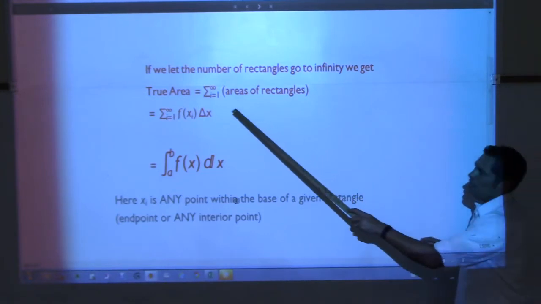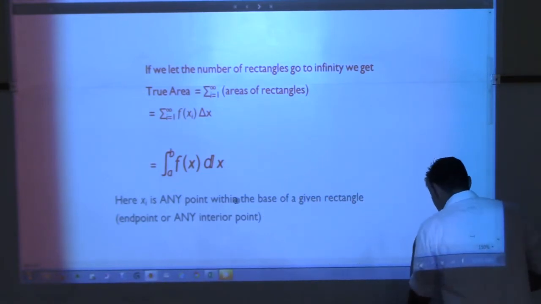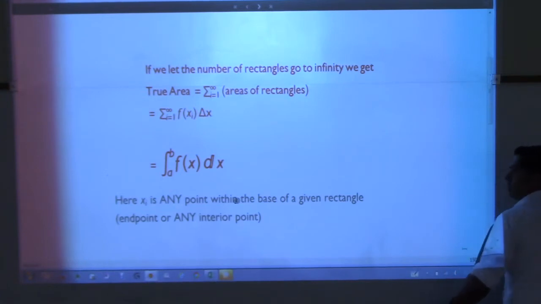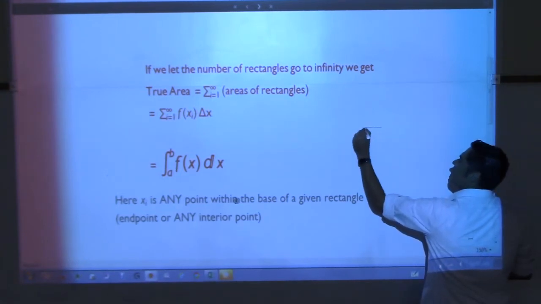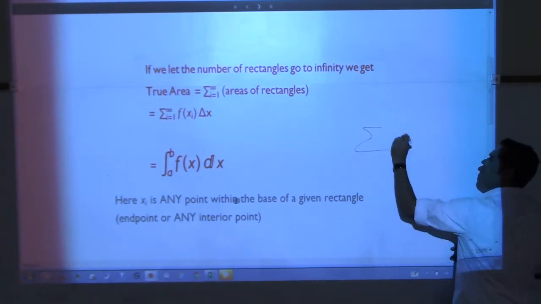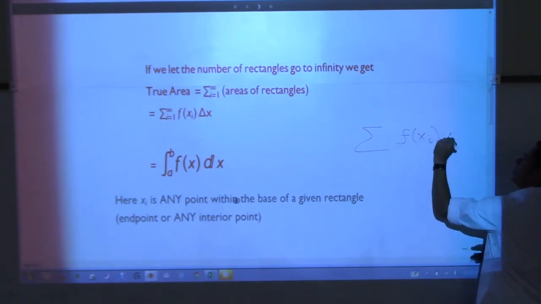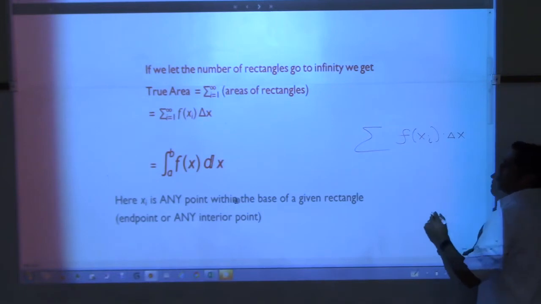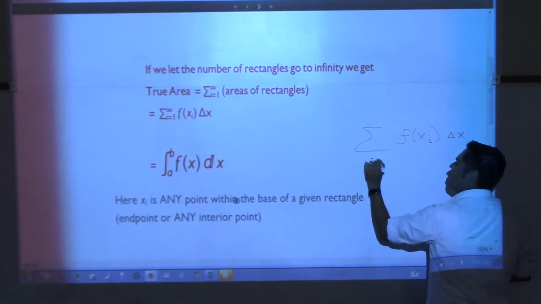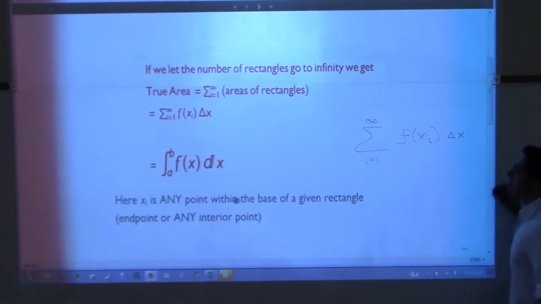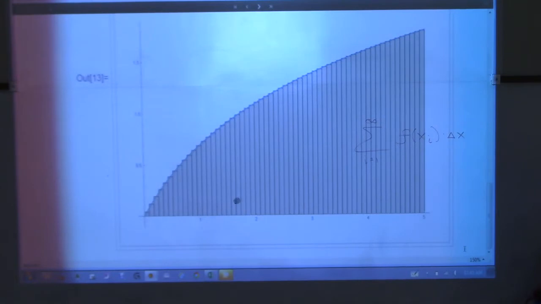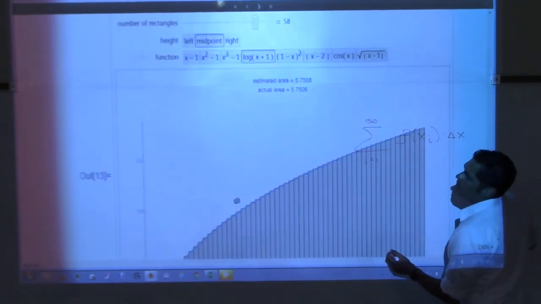So this is the sigma notation. The sigma notation means take the sum of f of x sub i times delta x, and you're summing from i equals 1 to infinity, basically. This notation meant, for each of those rectangles, I'm going to back this up.